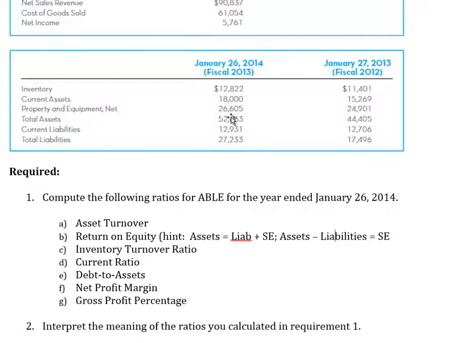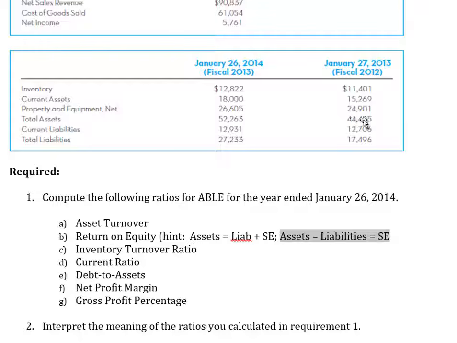That would give me my shareholders' equity for the year ended January 2014, which is the end of the year. And I'm going to do the same thing at the beginning of my fiscal year, taking my total assets less total liabilities, to give me total shareholders' equity to begin the period.